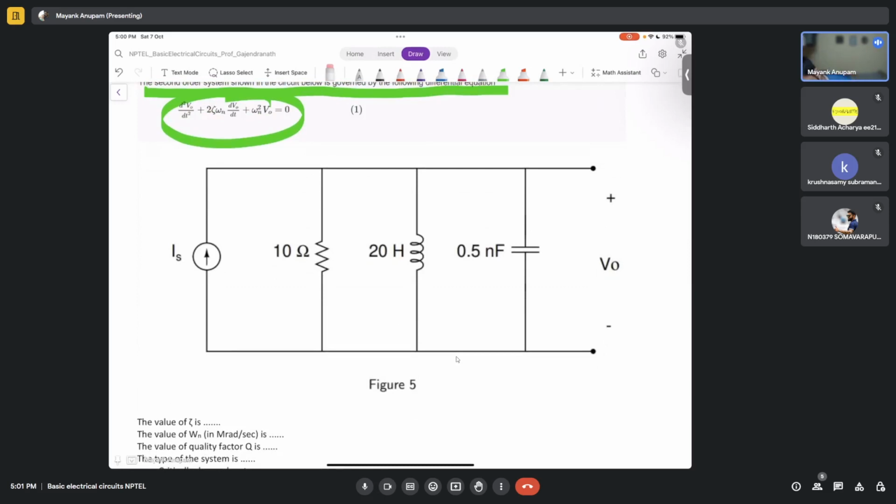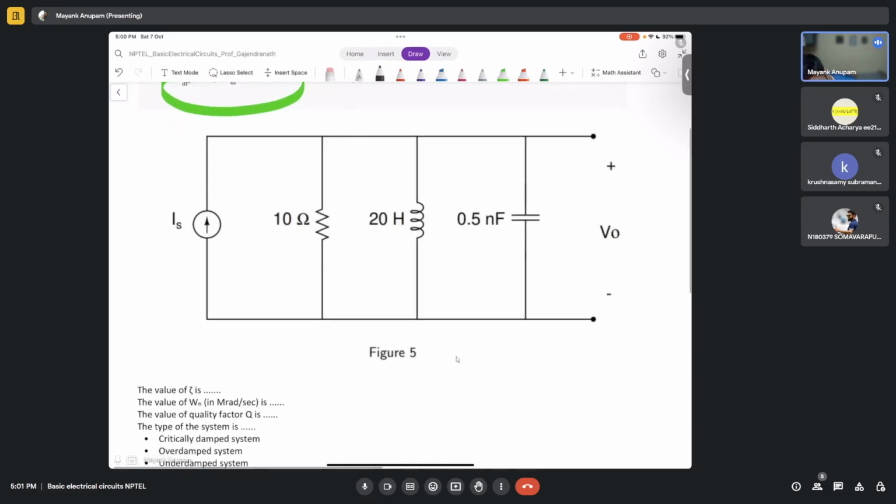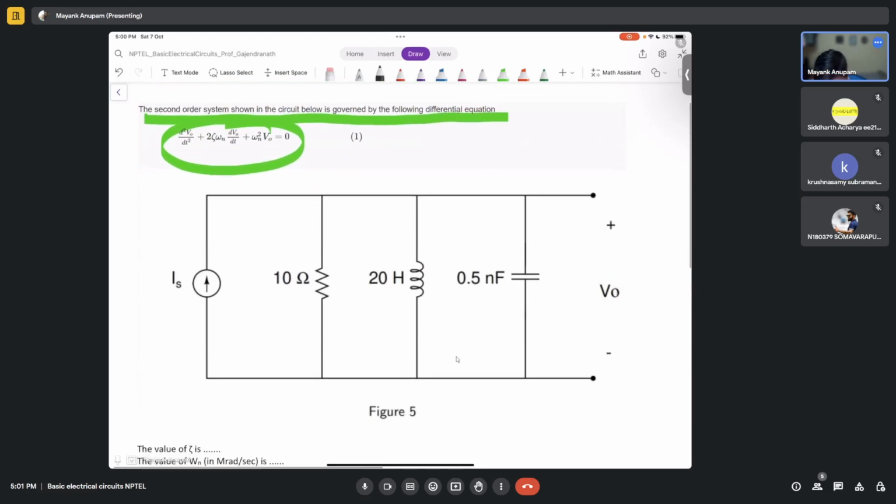Again the same thing, right? You already know. So what is zeta here? It is 1 by 2 square root of L by C. L is 20, C is 0.5 nanofarad, which is quite large. 1 over 20.